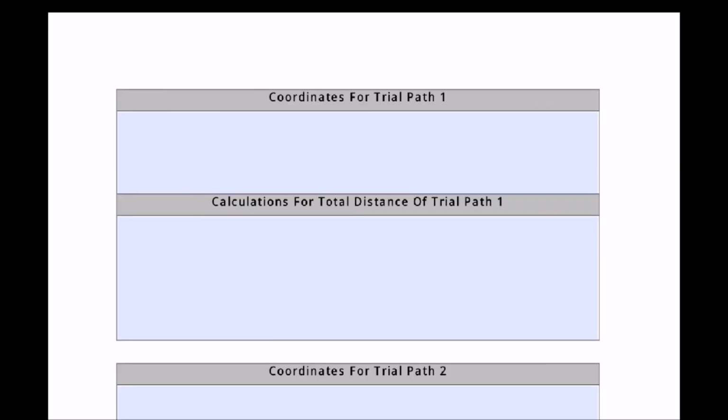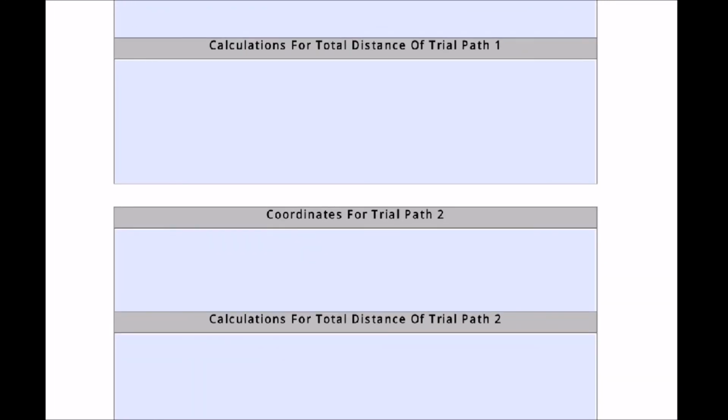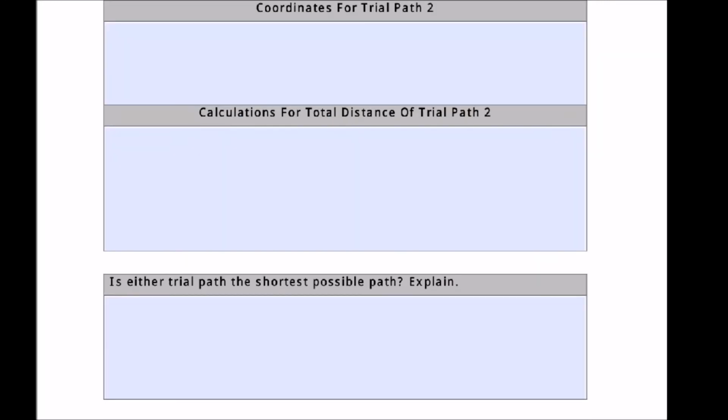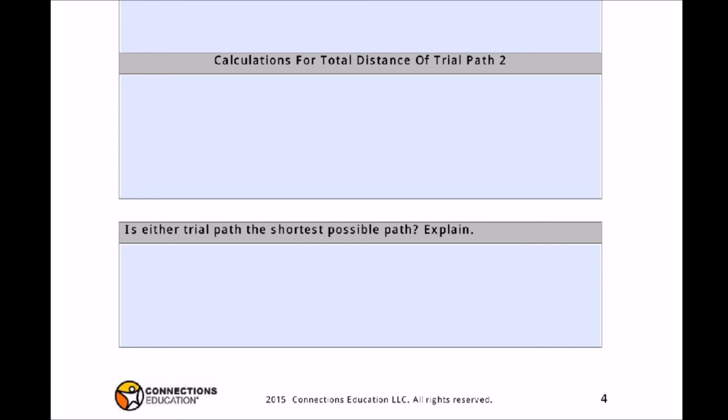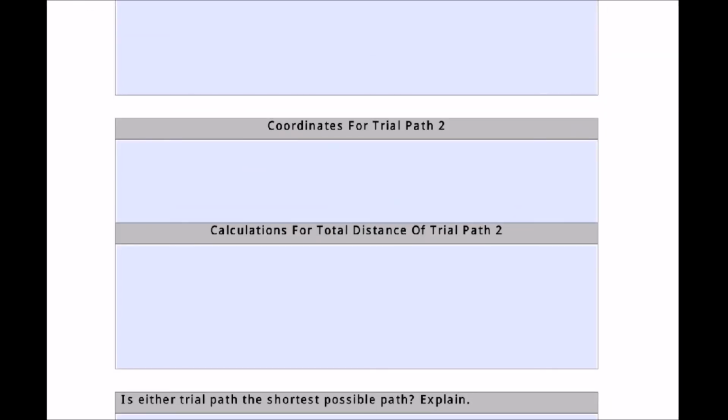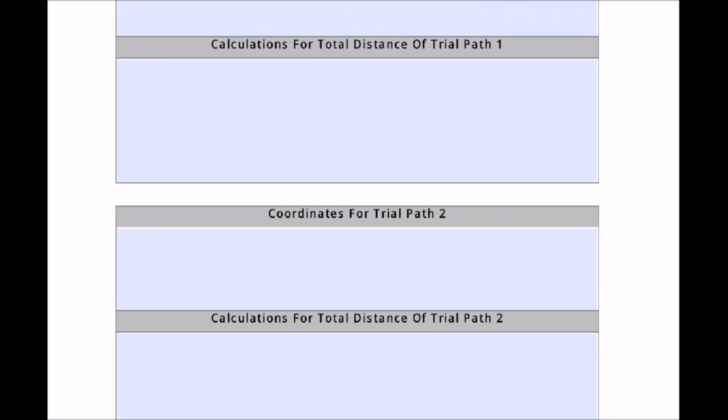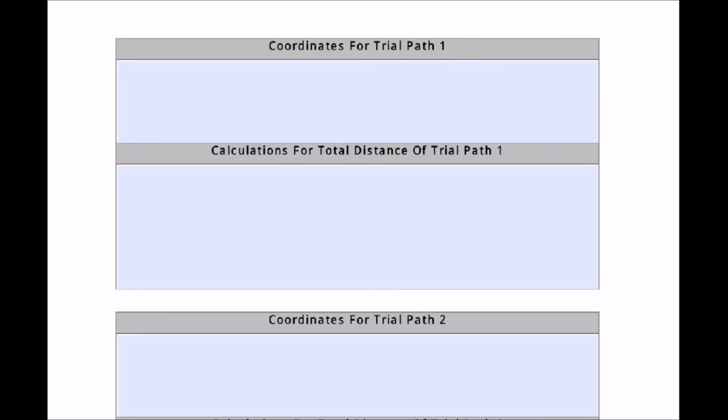You're going to put the distances for your paths, and then explain which one's the shortest and which one's the longest path through your maze. The coordinates for the paths I don't really need, because I'll be able to see your line. So you just need to give me the distances there and then tell me which path is shortest.